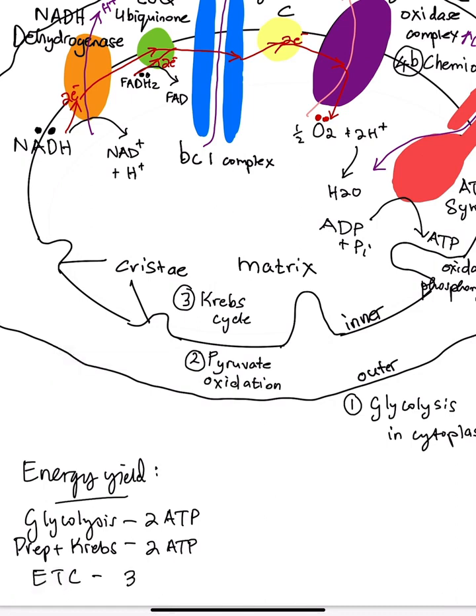We can produce theoretically 34 ATP, but the actual yield is only 32 ATP. And that is due to a leaky inner membrane.